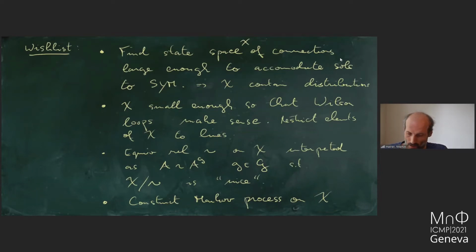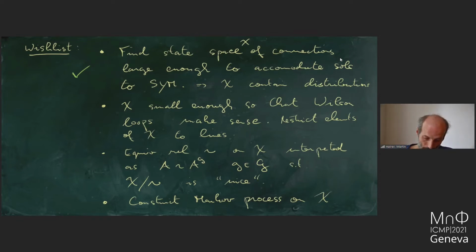And so now let me tell you how far we are down that wish list. So first point is fine. We have some results in 2 dimensions, some results in 3 dimensions, and the results in 2 dimensions are somehow more complete than the results in 3 dimensions. So the first point is fine in either of the two.